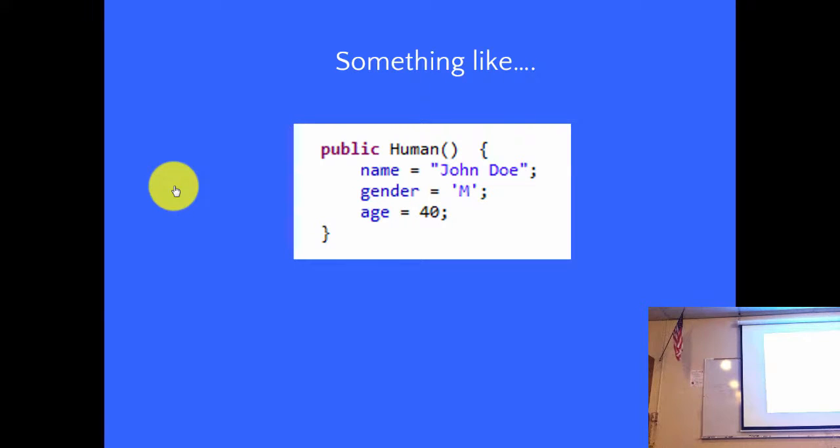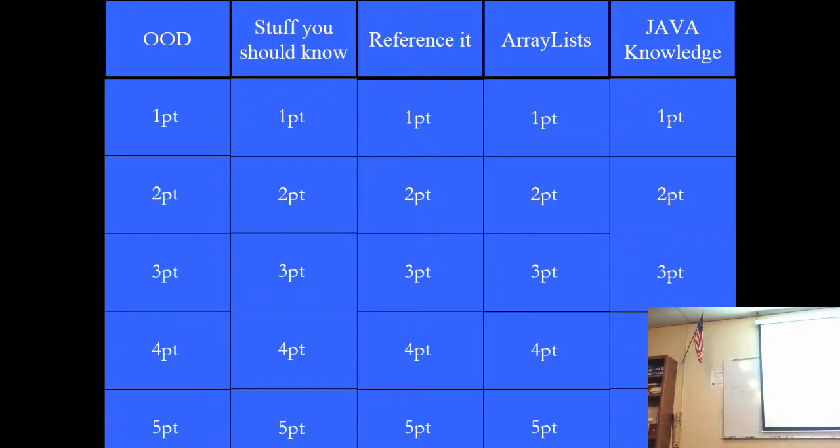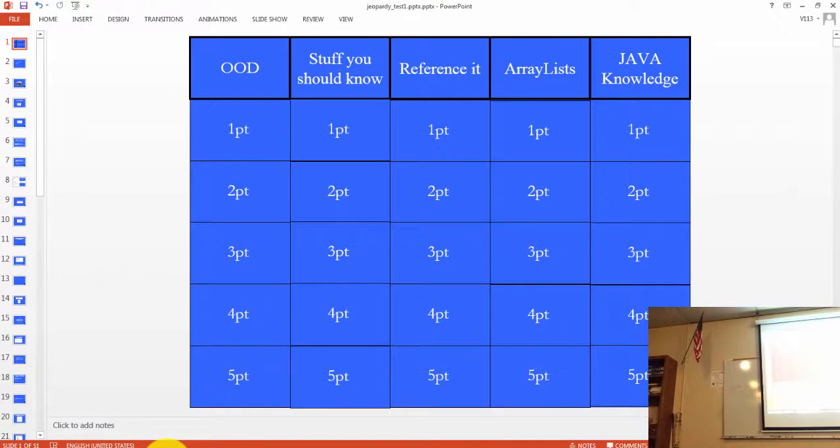So it's the only method that'll be capitalized. And the default constructor just sets the variables to something that's default. It could set it to a blank string. Brian set his name to Brian, which was fine. You just set it to some default values. And we all should know that.